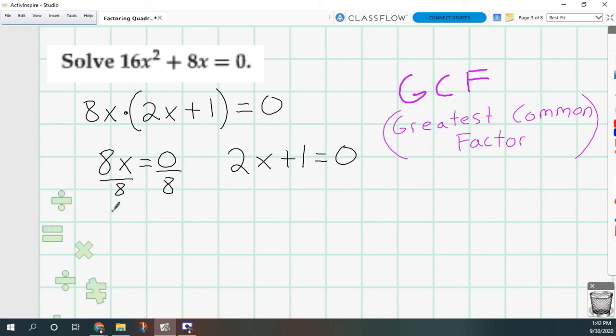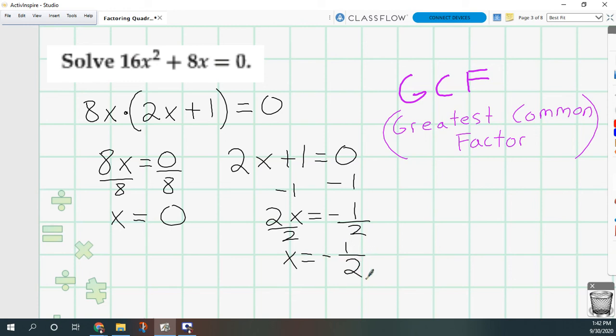I divide both sides by 8 and I get x = 0. Then we would subtract 1, divide by 2, and we get that x equals negative 1/2. So this tells us that my quadratic has two solutions, negative 1/2 and 0.